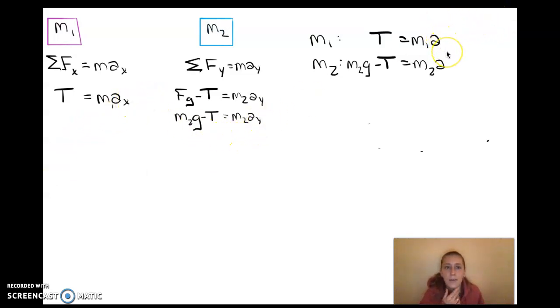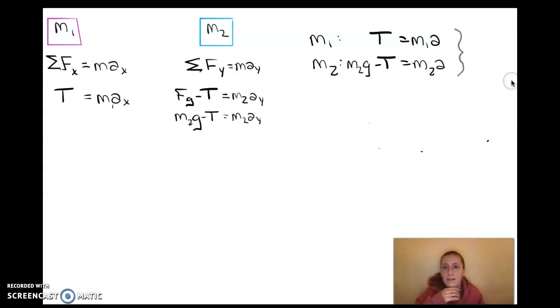If you think about mass 1 and mass 2, you will know that these objects are both accelerating, and since they're part of the same system, then their accelerations must be equal to each other. So in other words, ax is equal to ay, and we're just calling that a.